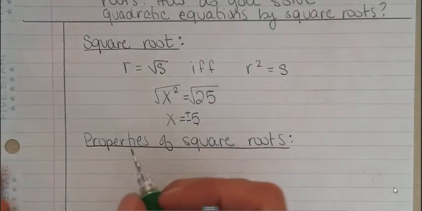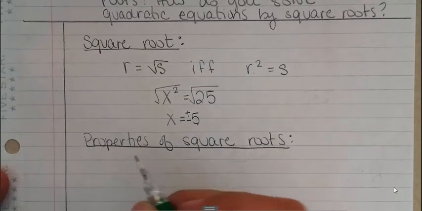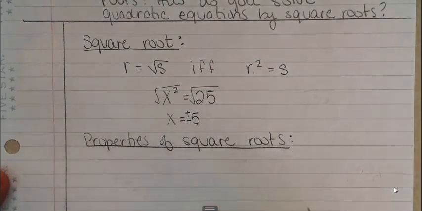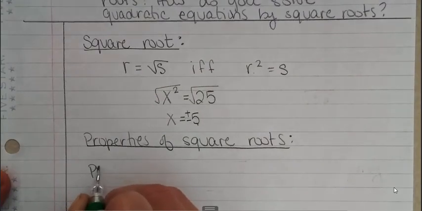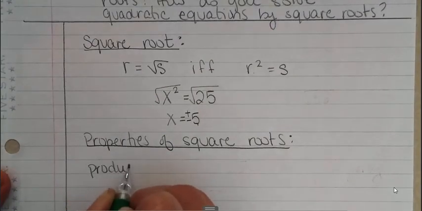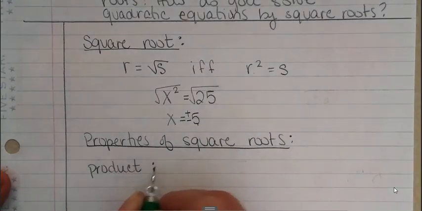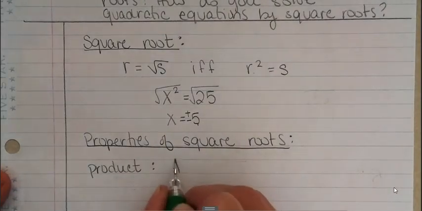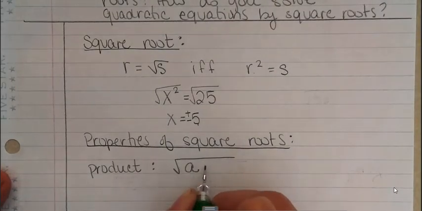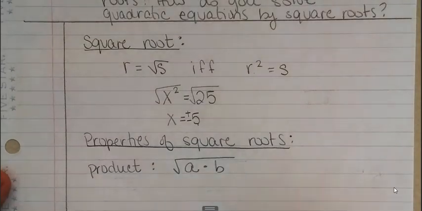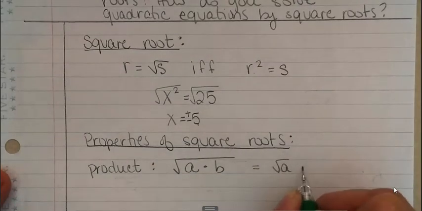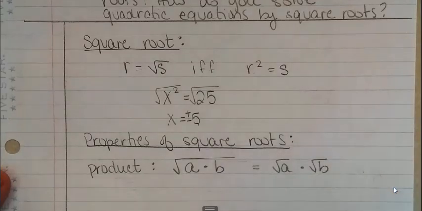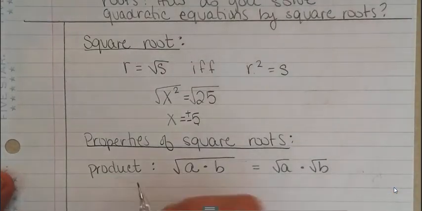The first one has to do with looking for factors under the radical. So if we have the product, say the square root of a times b, that could be the same thing as the square root of a times the square root of b. Let me just give you an example.